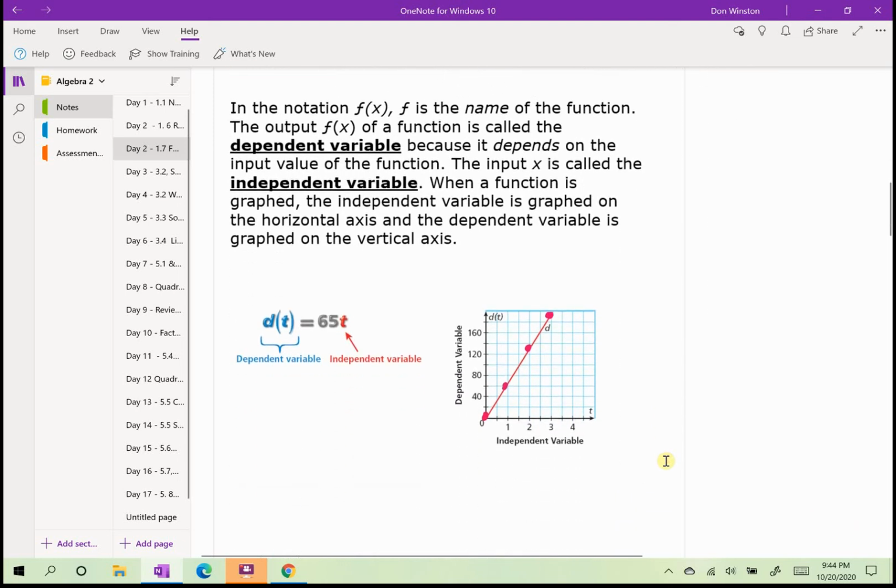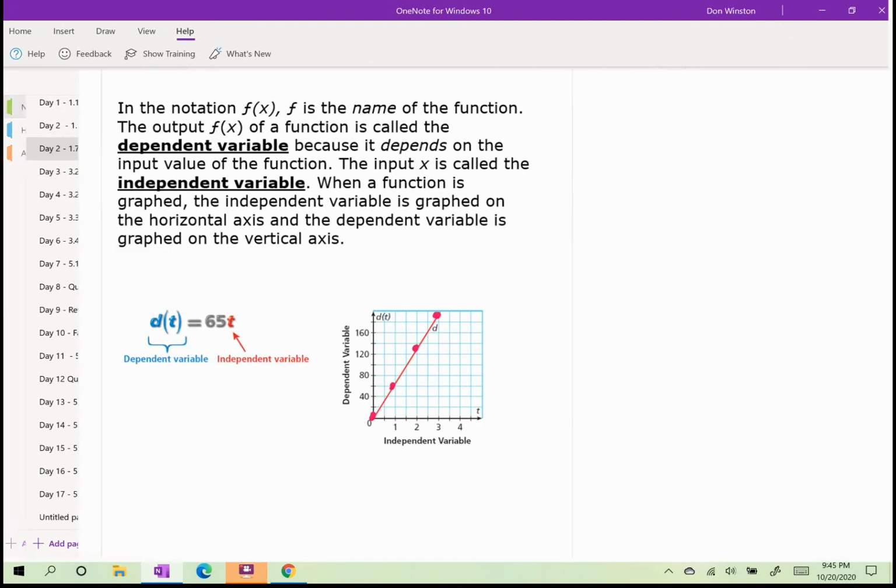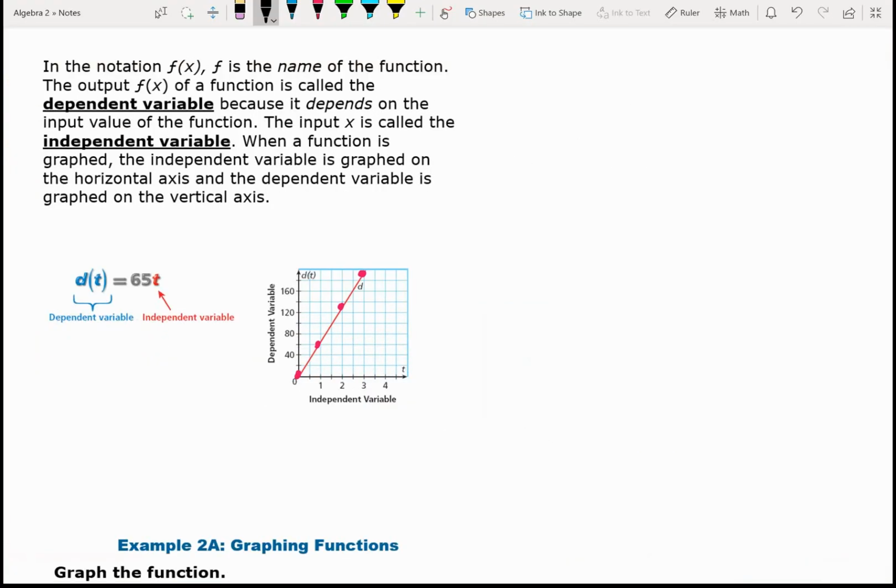Here they give us an equation. D depends on t. D of t equals 65 times t. Now what could D represent? I bet it represents distance, for example. And distance certainly depends on time. If you're driving 65 miles an hour, in 1 hour you drive 65 miles. In 2 hours you would drive 130.